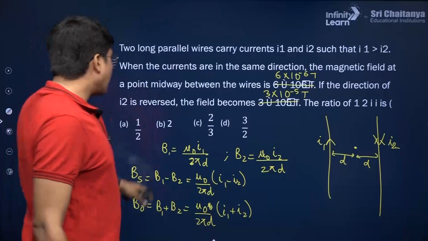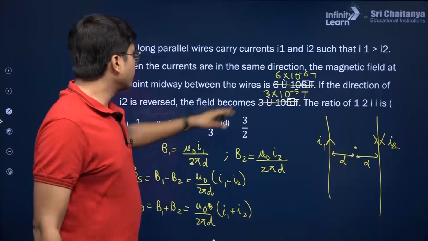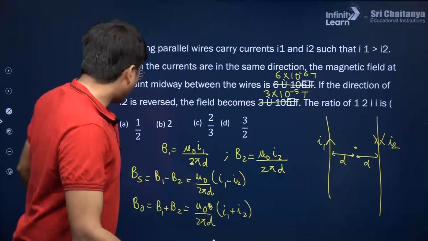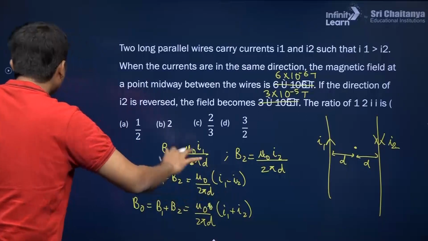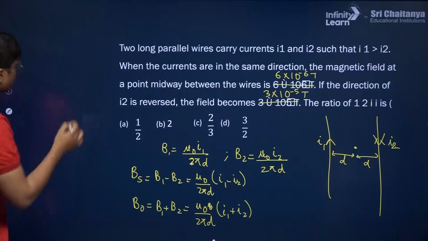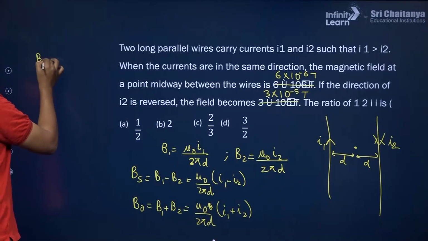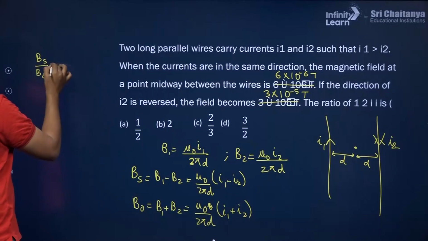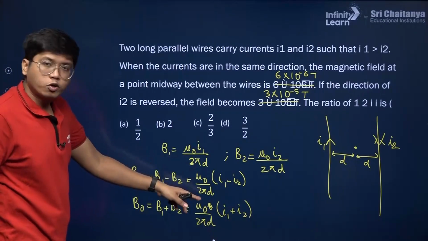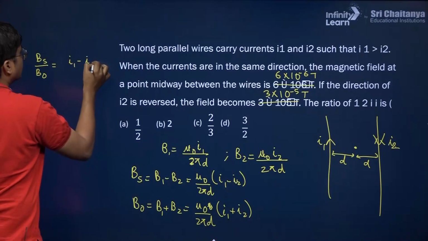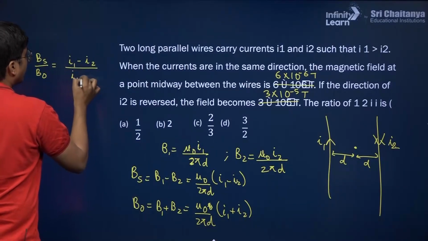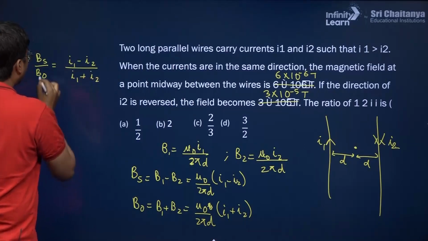Now BS value is given to us, and B opposite value is also given to us. So let's remove all of this, let's do it over here. So BS by BO is equal to, your mu naught by 2 pi d's will cancel out. You would be having I1 minus I2 divided by I1 plus I2.